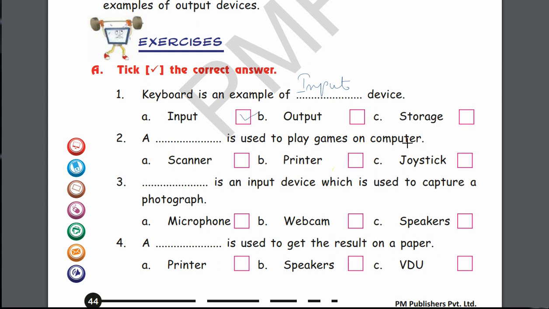What is it? Joystick. So click on joystick. Dash is an input device which is used to capture a photograph. By which device can we capture photograph? The answer is webcam. So write here webcam.